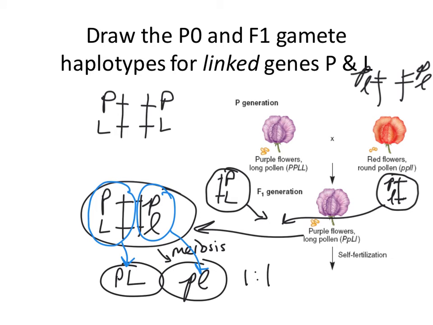When genes are stuck together, they can't independently assort. They dependently assort. Yeah? So if they weren't linked, then would you have 4 different haplotypes? Here, you just make 2 types of gametes. You never get any big P's with little l's. You never get any little p's with big L's.